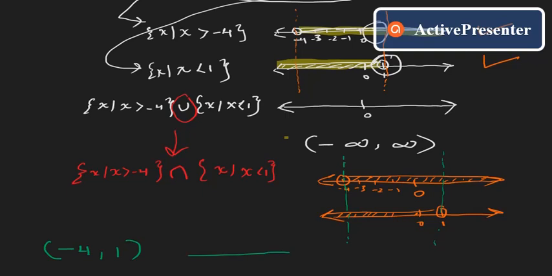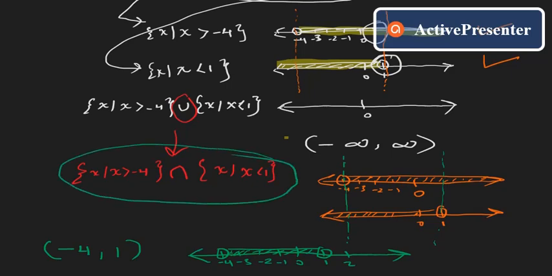If you represent it in the graph, it would be like this. Here 0, minus 1, minus 2, minus 3, minus 4. Open up to 1, of course, open. So this is the intersection of the two sets.